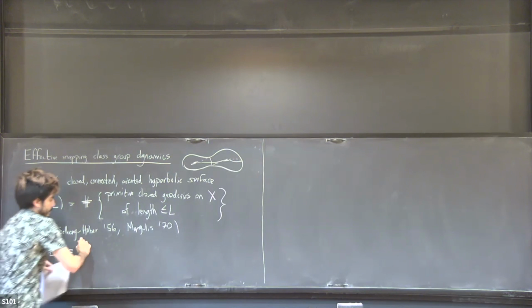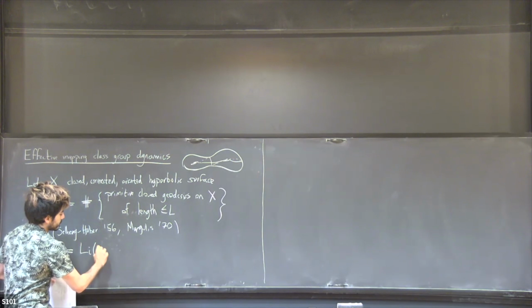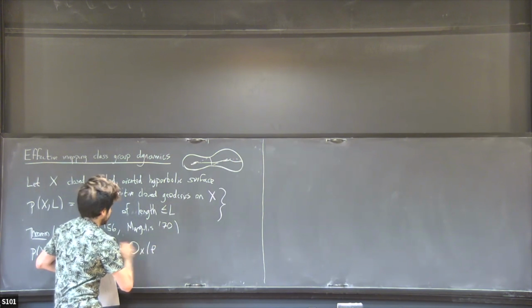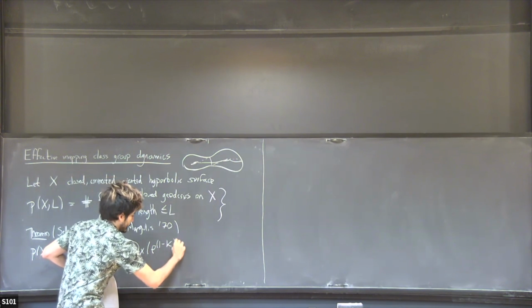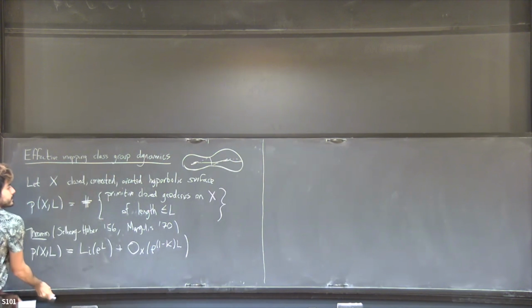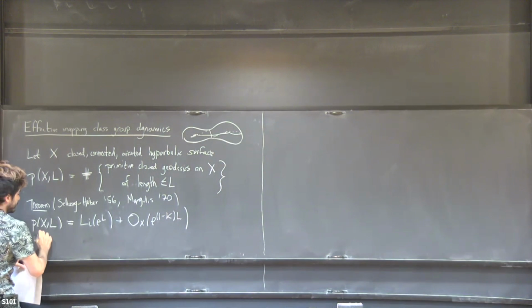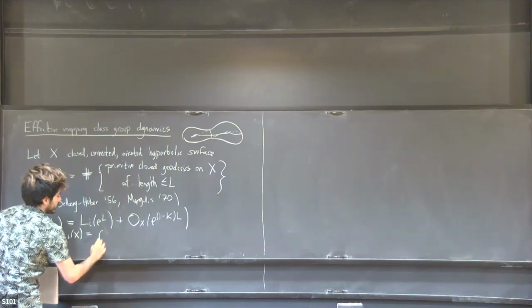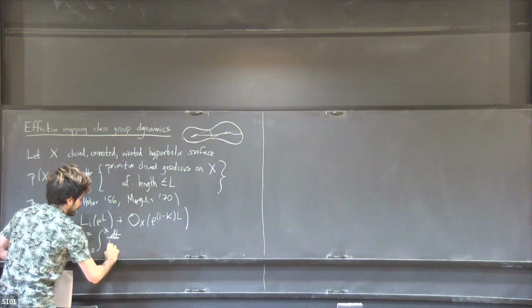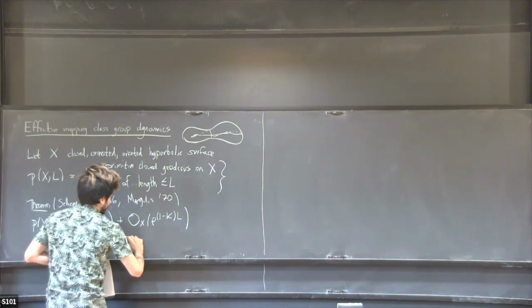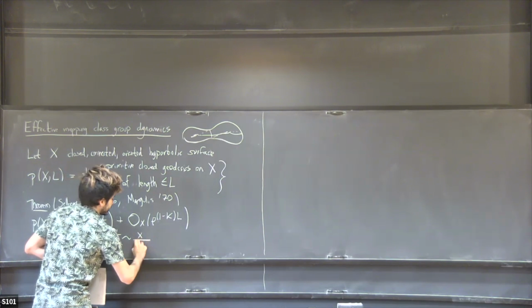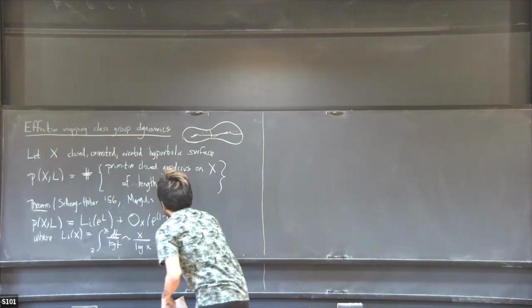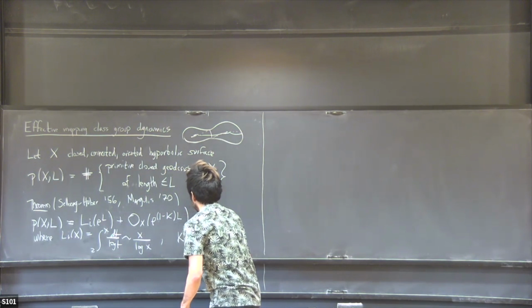You can write it as a leading term, which looks like a logarithmic integral, plus some error term, which grows at a rate that's less than that. Let me write it over here, where this is just the logarithmic integral from 2 to x of dt over log t. This grows asymptotically like x over log x. What else do I have to tell you? Well, what's kappa? Kappa is some constant that depends on the geometry of the surface.